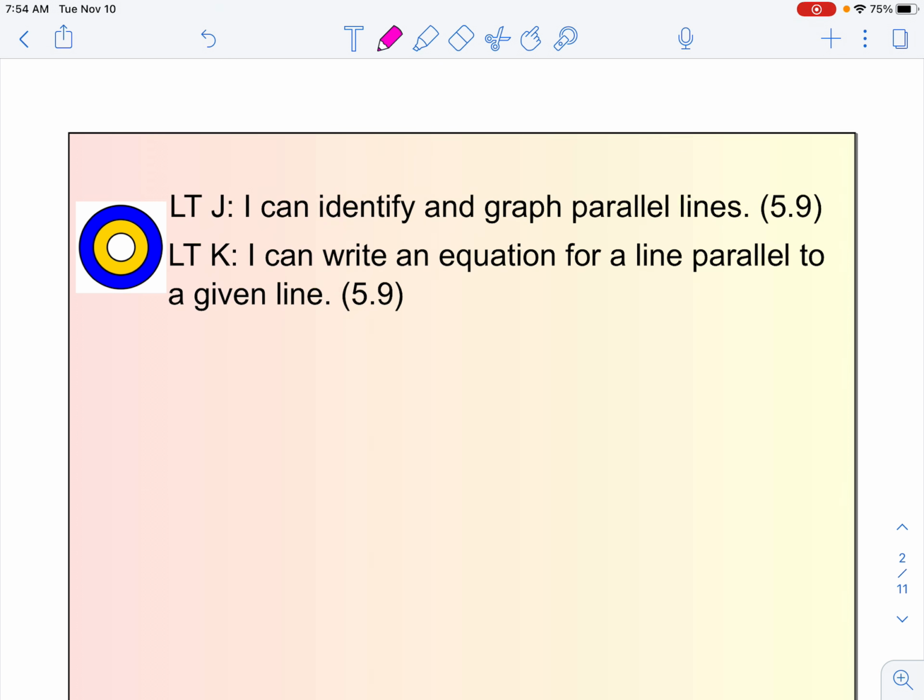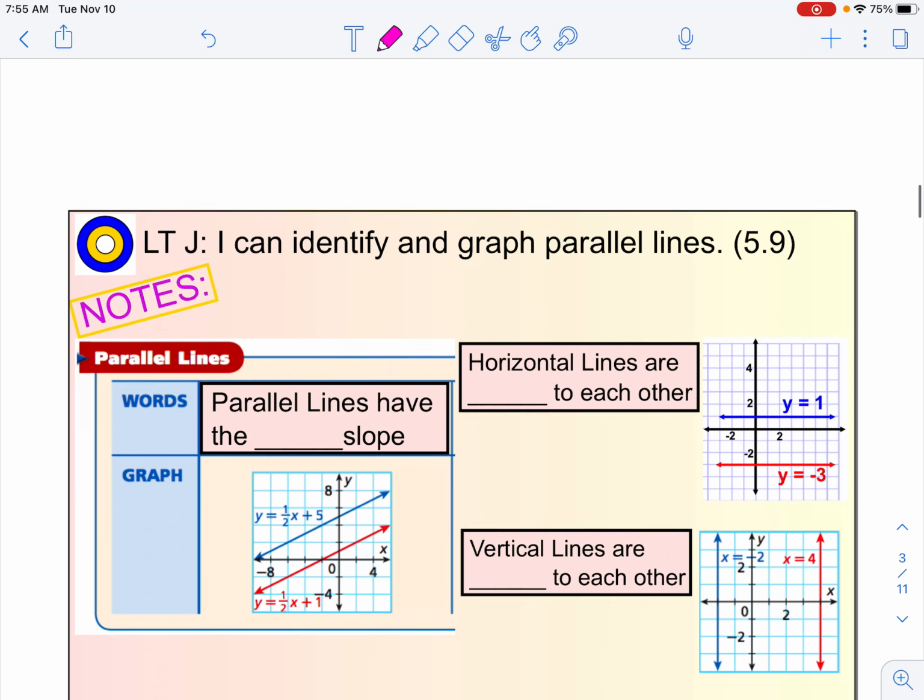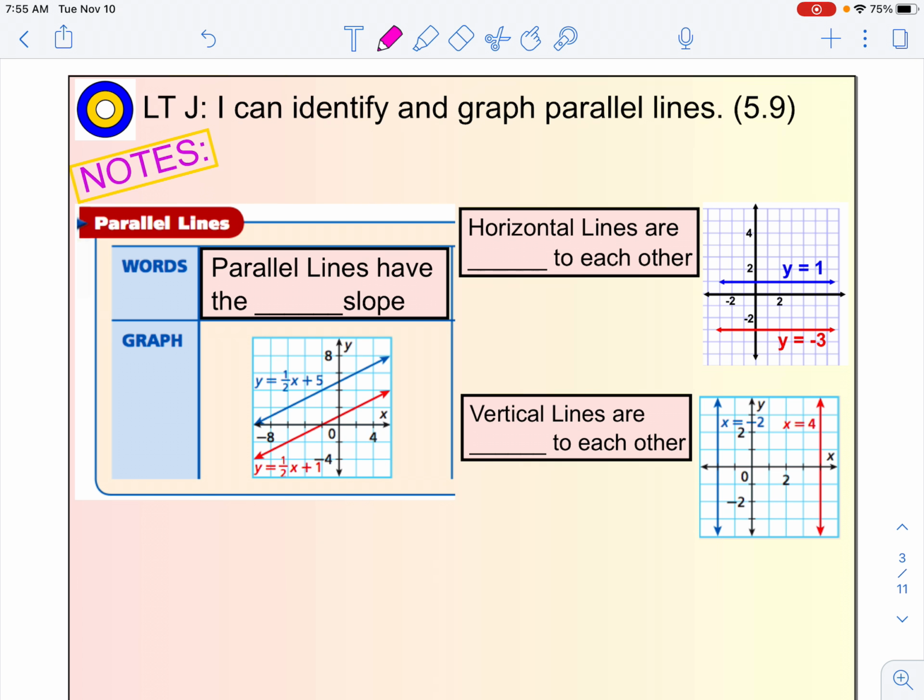So that's what we're working on today. We're going to identify and graph parallel lines, and we're going to write equations for lines parallel to given lines. Okay, this is what it means in words. Parallel lines have the same slope.